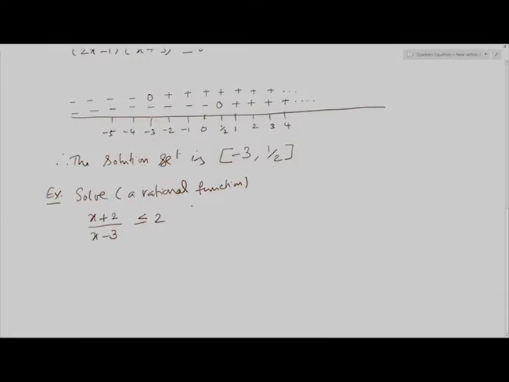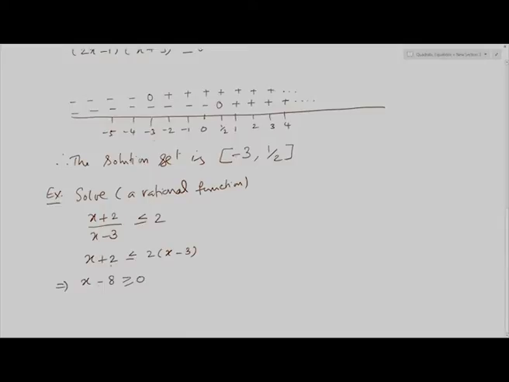If I start with x + 2 ≤ 2(x − 3), cross multiplying, then if I bring everything to one side, it becomes x − 8 ≥ 0.